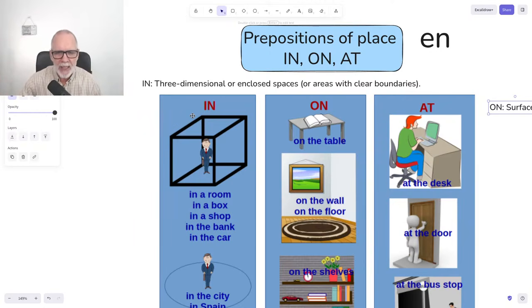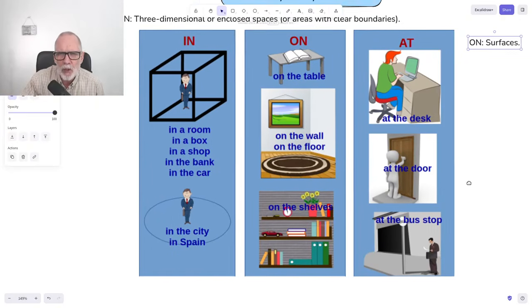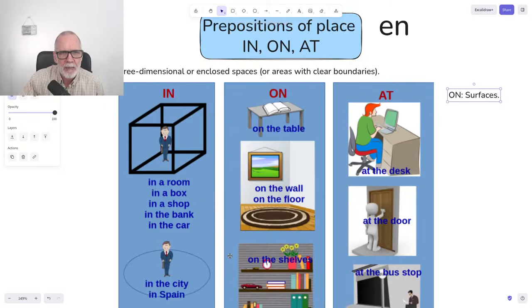O bueno, en el caso de city, sí, una city es de 3 dimensiones, ¿no? Porque tiene edificios altos y también es plano, pero la vemos como un espacio bien definido. Las reglas aquí son un poco complejas de explicar.